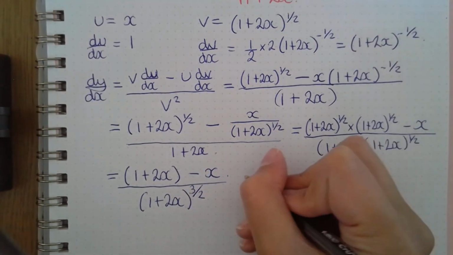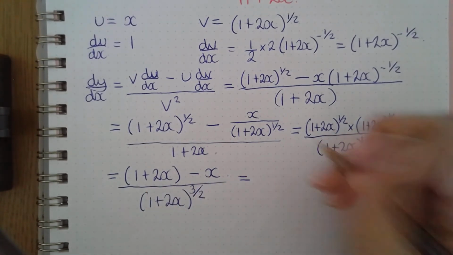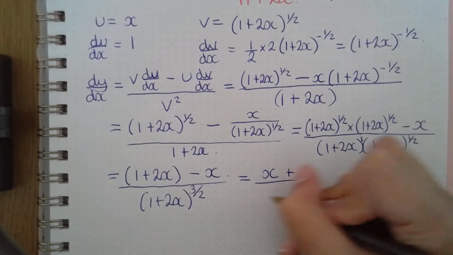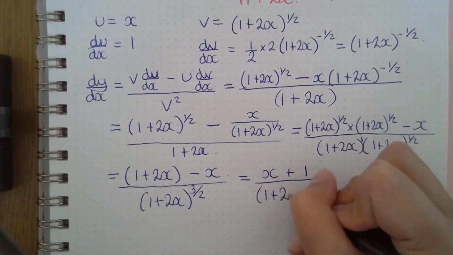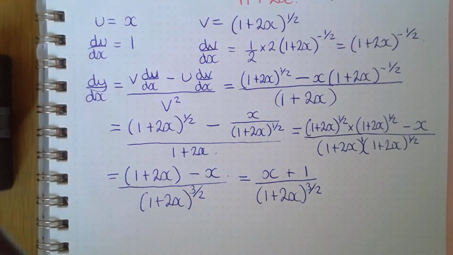Okay, and then I'm just going to neaten up my numerator, so 2x take away x is x. I've still got the 1 plus 1 all over 1 plus 2x to the power of 3 over 2.